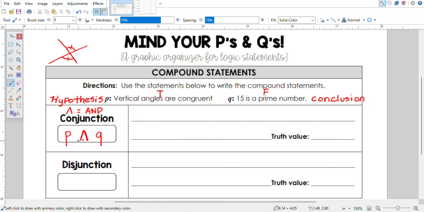So if I were to write this, I would start by writing my P. Vertical angles are congruent. And then I would write my Q, 15 is a prime number.